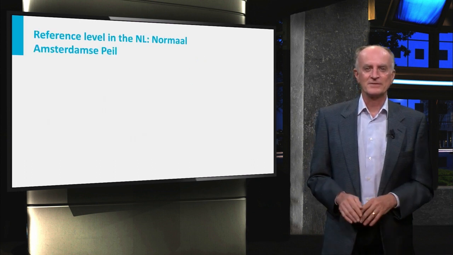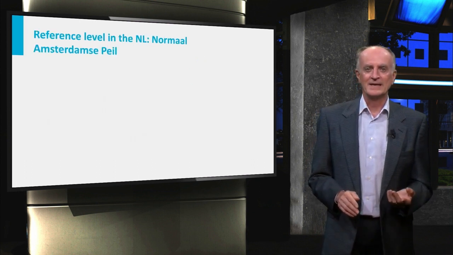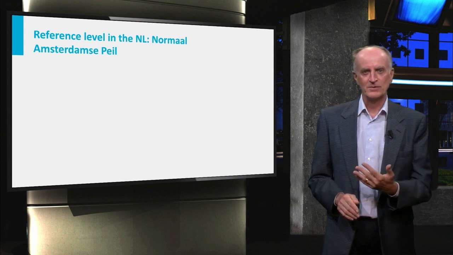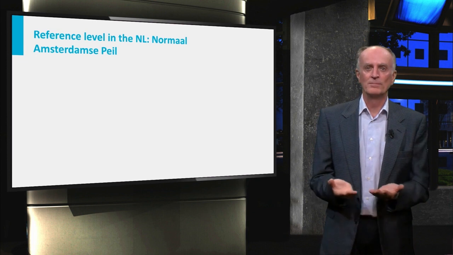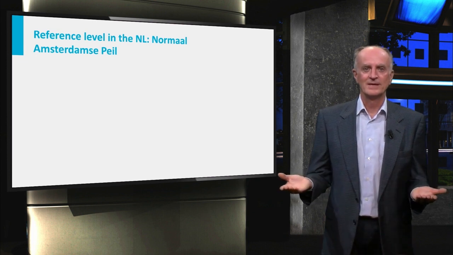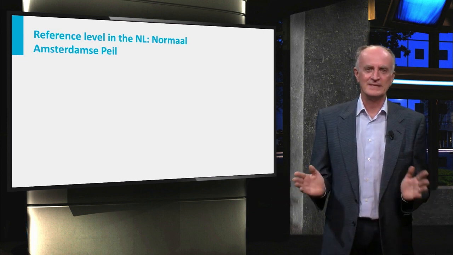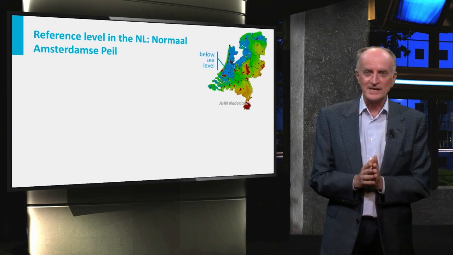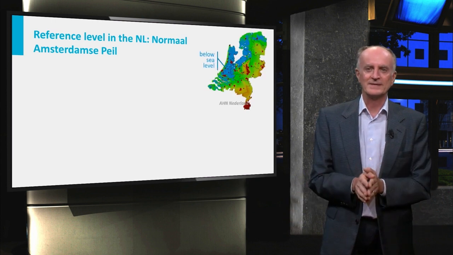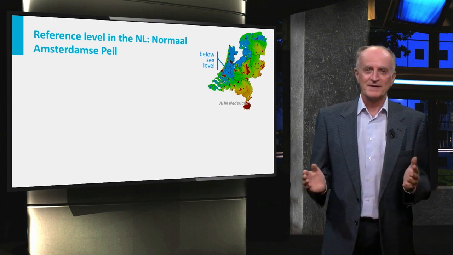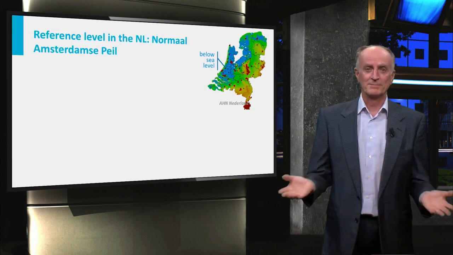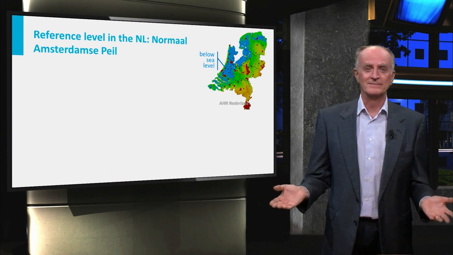Determining the head difference between water bodies, and thereby predicting the direction of flow between them, is crucially dependent on the establishment of a common reference level. In small regions, this is relatively easy. In larger areas, this is much more complicated. This is surely the case for the Netherlands, but it is a very important one, as more than 30% of the country is below sea level.